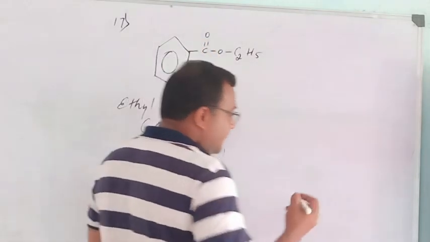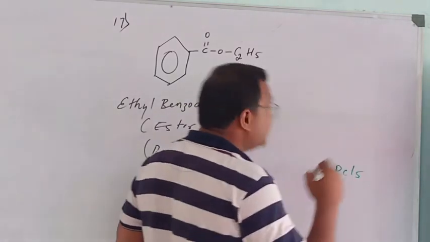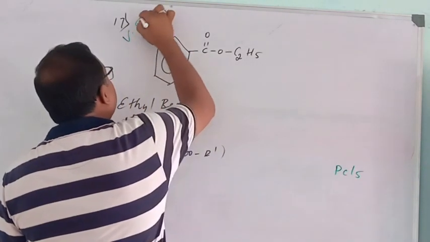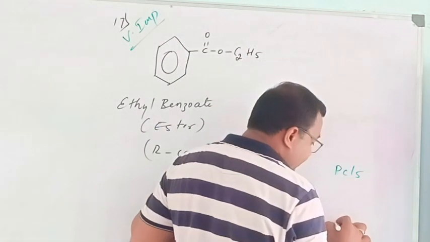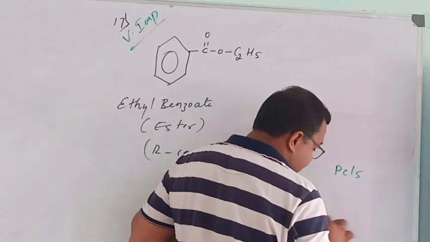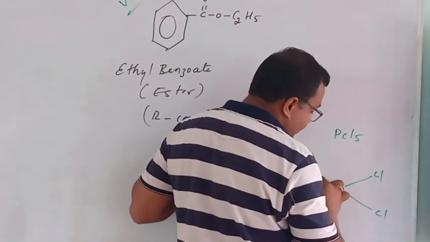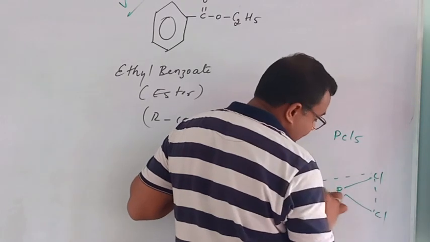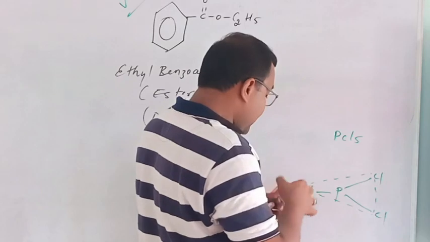Let's understand phosphorus pentachloride. Very special and very important. When you write the structure of phosphorus pentachloride, phosphorus with three chlorines lies in a plane, and there is one more chlorine above the plane and one below the plane.